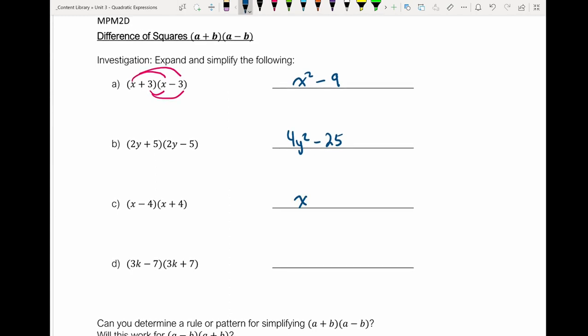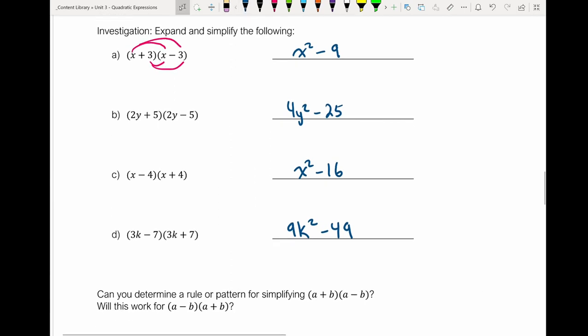C, x squared minus 16, and then 9k squared minus 49. So those are our solutions when we expand and simplify.